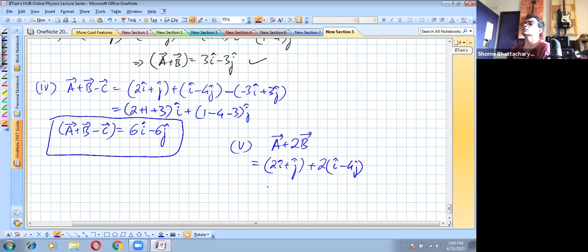So this becomes 2 plus 2 for I, and 1 plus 2 into minus 4, so that's minus 8 J cap. So this becomes 4I cap minus 7 J cap. So this kind of operation can also be done.